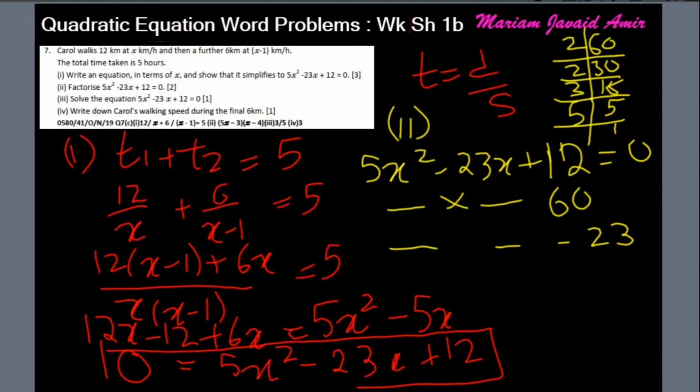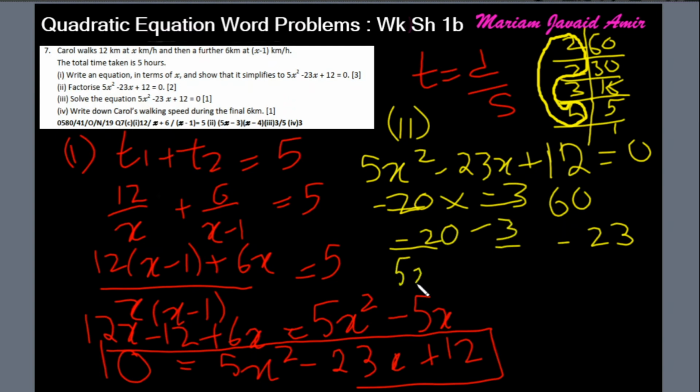So how do I get minus 23 from here? That would be 20 and 3. 20 times 3 is 60, and minus 20 minus 3 is minus 23.